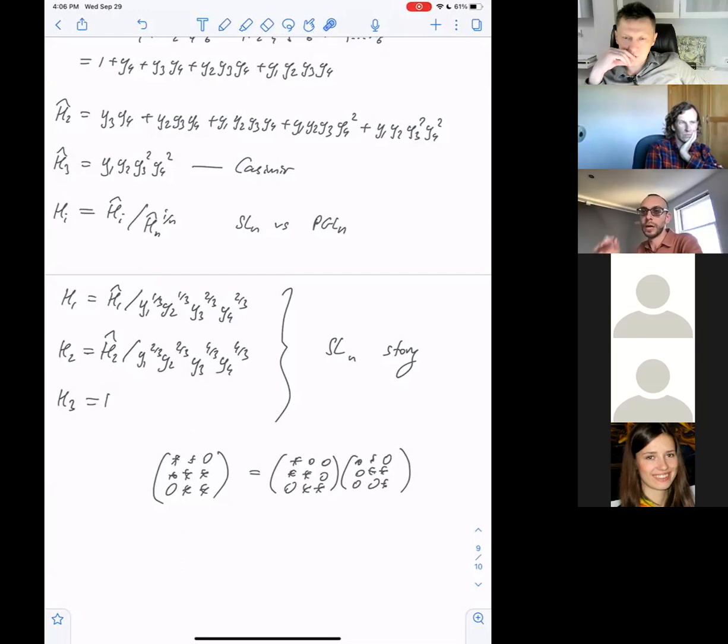But what Gus and Collet did, they said, okay, fine, let's look at the real case, and let's take one matrix, the matrix with 2 diagonals, and take its transpose. So now it becomes symmetric, and then just take G times G transpose.